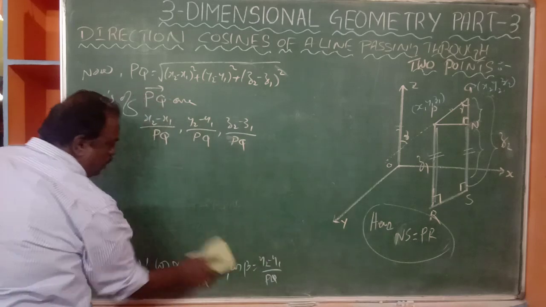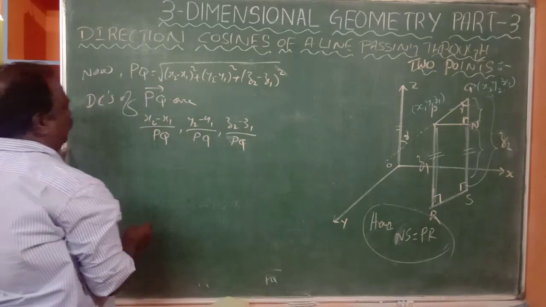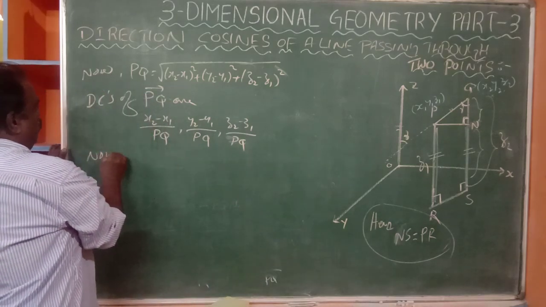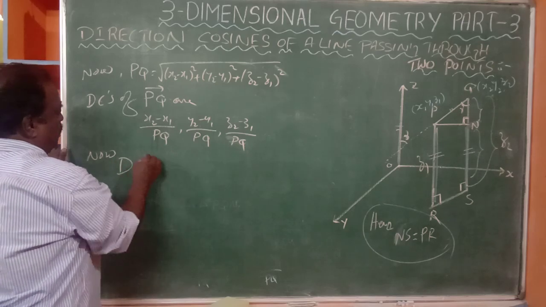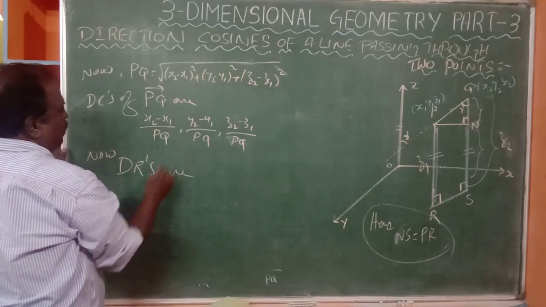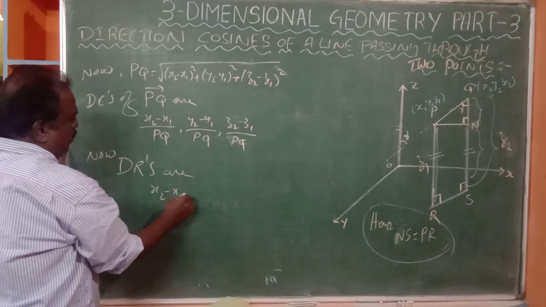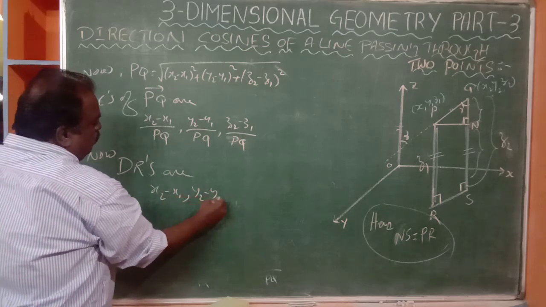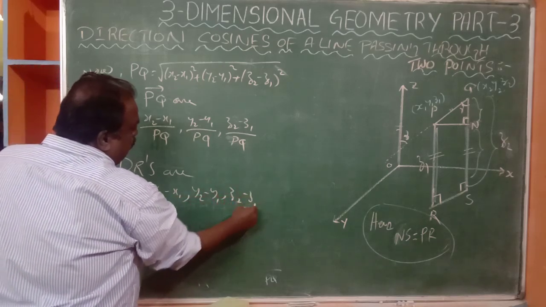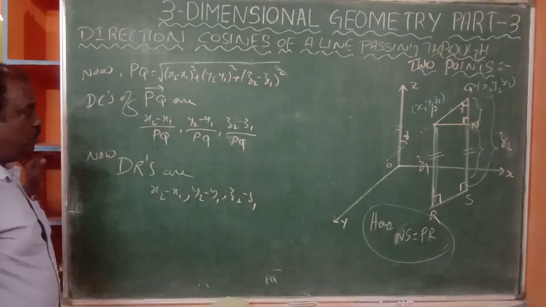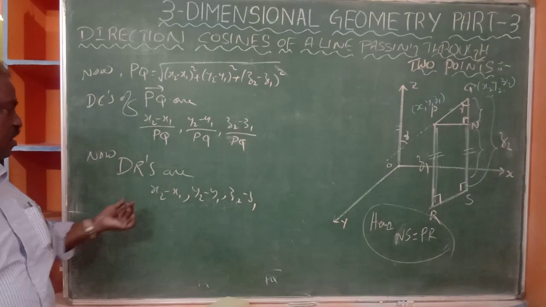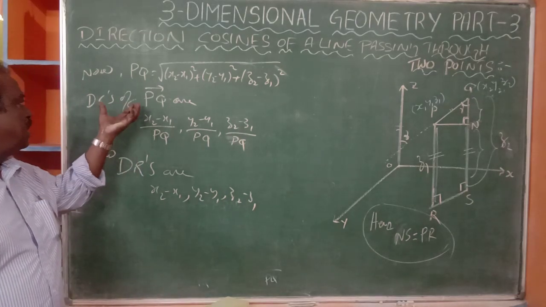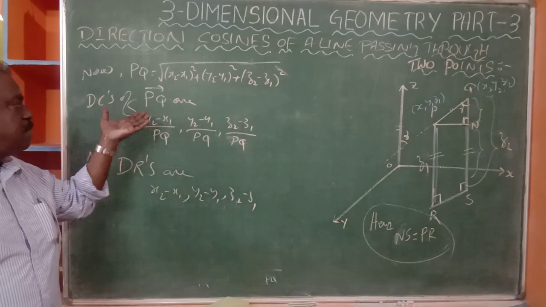Here only I will explain. These are DCs. Now, what about DRs? DRs are simply x2 minus x1, y2 minus y1, z2 minus z1. What is the difference between DRs and DCs? Try to understand: DRs are three numbers which are proportional.